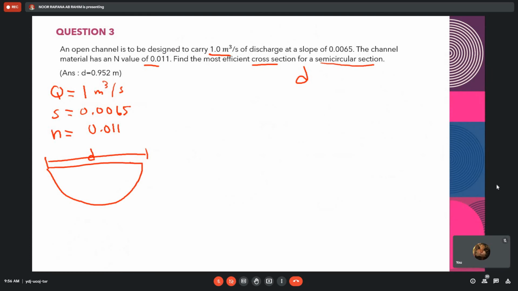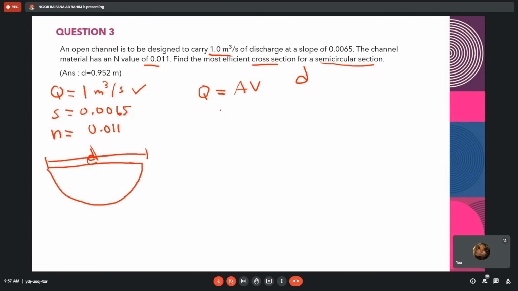Okay, so macam ni pun kalau you stuck, tak tahu macam mana nak start, kiralah dengan start dengan apa yang dia bagi. Dia bagi apa? Dia bagi discharge. Nak kira area kita tak tahu, sebab ni kita tak ada dia punya diameter. So bila dia bagi Q, kita tahu Q is equal to AV.